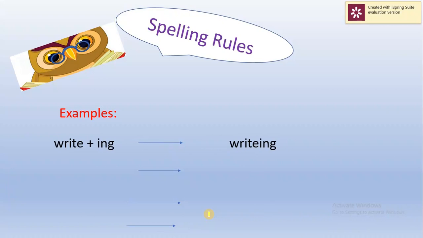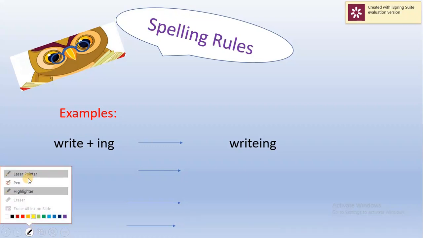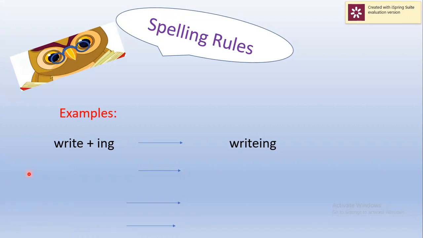Write plus ing. Now, if you remember, here we have this e, and here we have I. As I told you, we said that we can't put them together, the e and the I, as a rule. So here you have to delete.